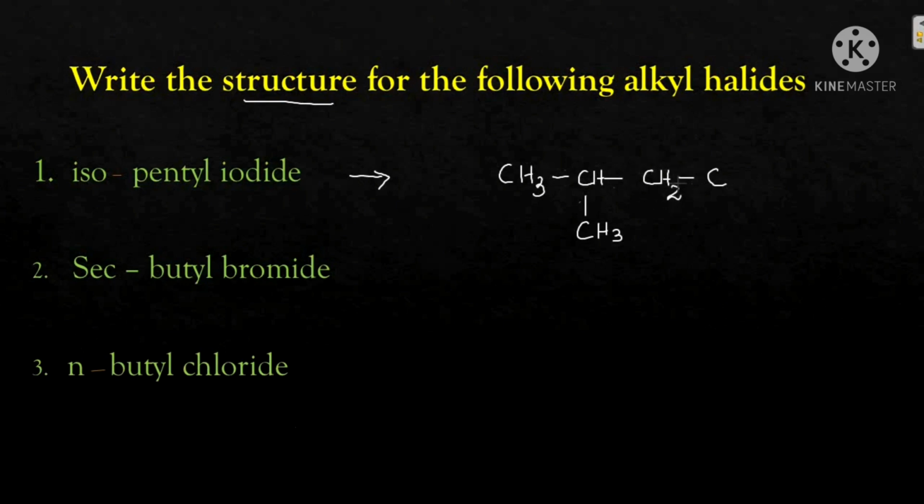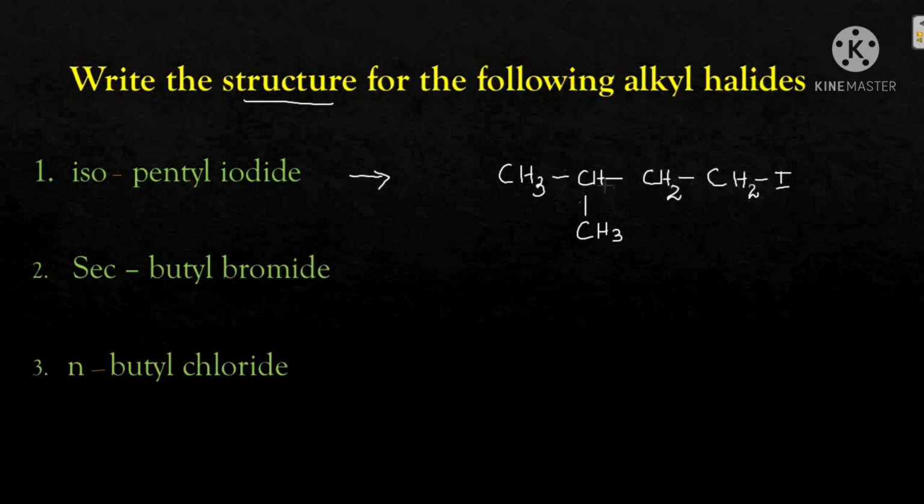So valency 4 is satisfied. Check this carbon here. Here we should write iodine because it is isopentyl iodide. Now check the valency of this carbon: 1, 2, 3. Only 3, so here you should write 2. So this is the structure of isopentyl iodide.